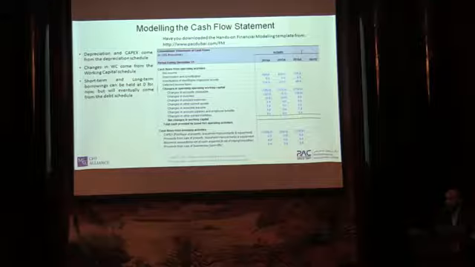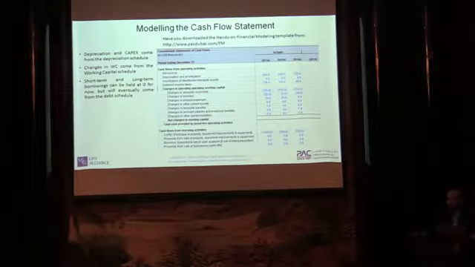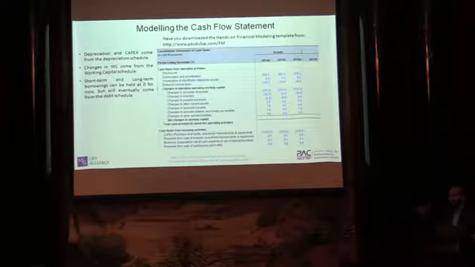So first we start with the income statement, we go to the depreciation schedule, then we come back to the cash flow statement. All right. Changes in working capital also come from the working capital schedule, which means we'll also have to build the working capital schedule before we start the cash flow statement. So: income statement, depreciation schedule, working capital schedule, and then the cash flow statement.